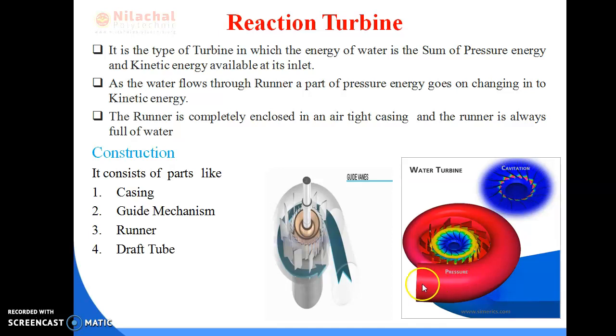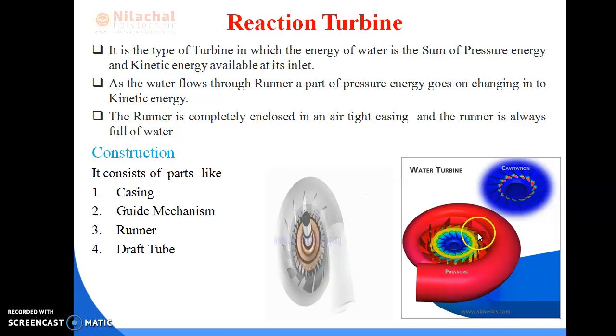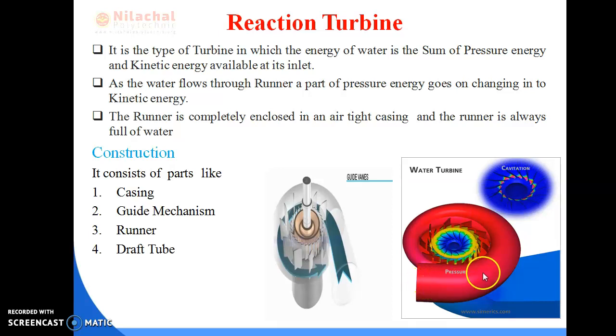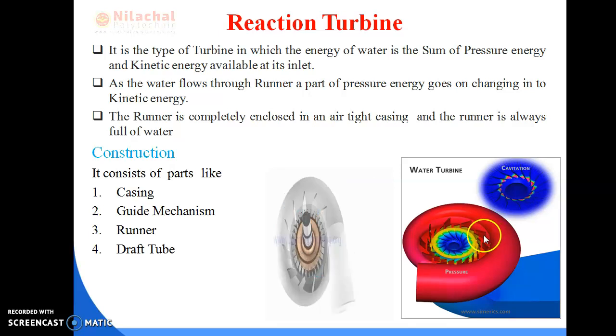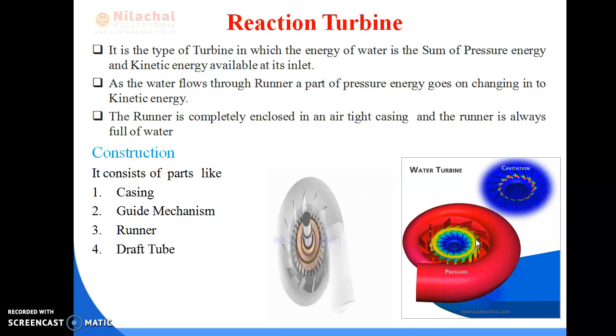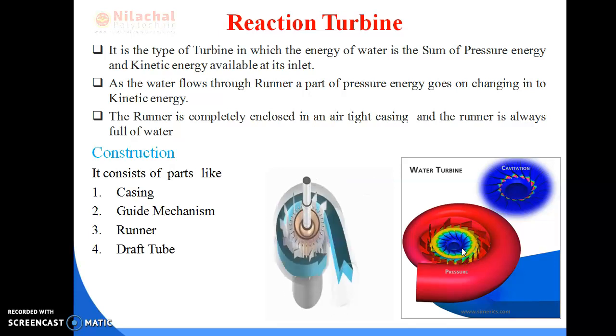This is the casing. Inside this casing, the water enters, and these blades are known as the guide blade mechanism. While the water enters the casing, it first enters the guide mechanism, and the guide mechanism provides the water to the curved plates that are mounted upon the runner.